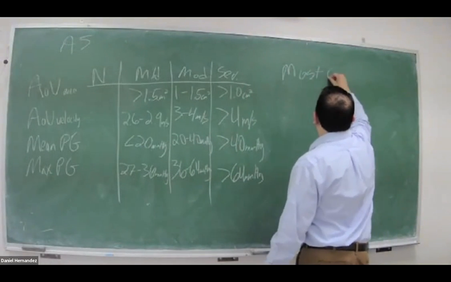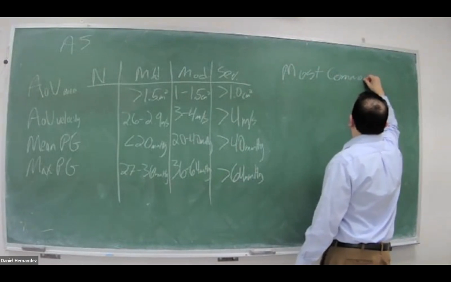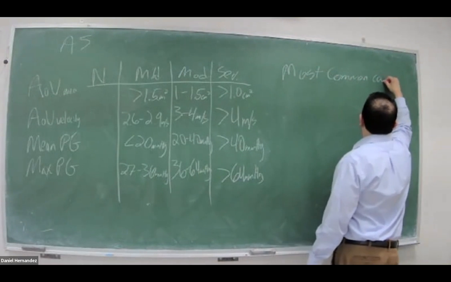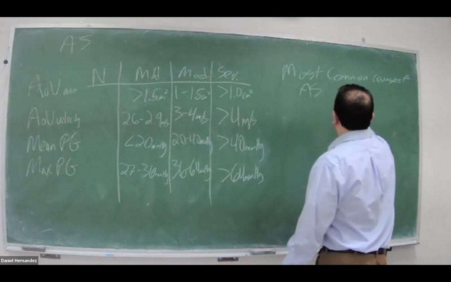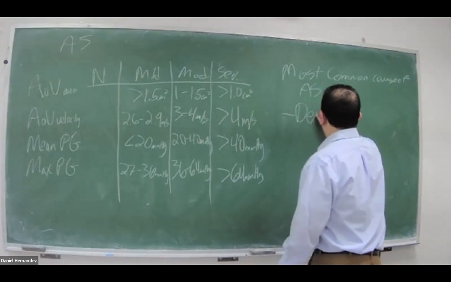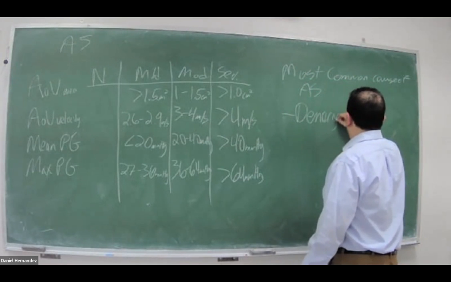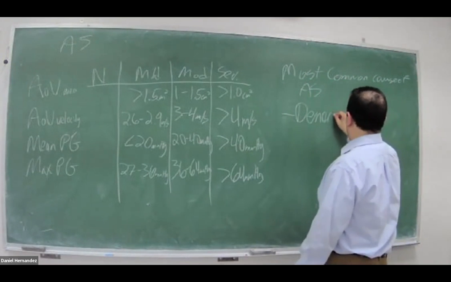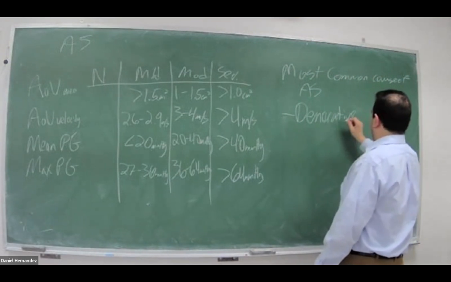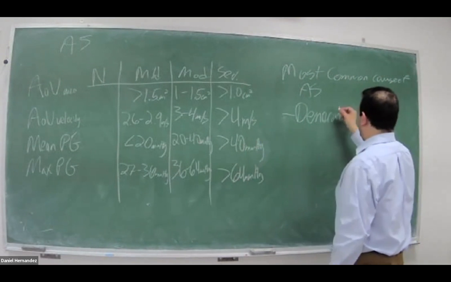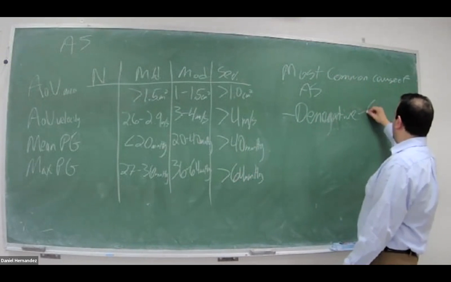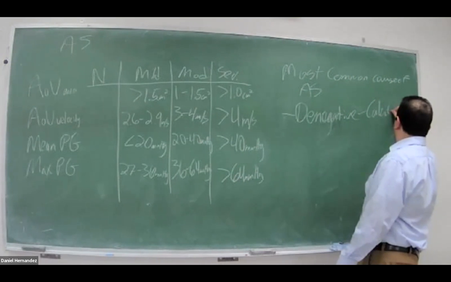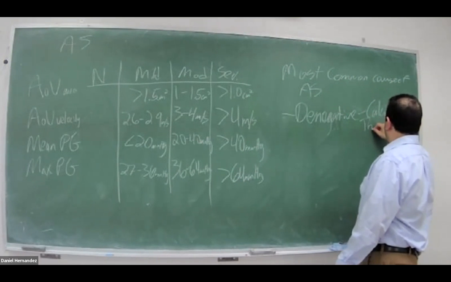Most common cause of AS: degenerative. That's going to be calcified, thickened leaflets.